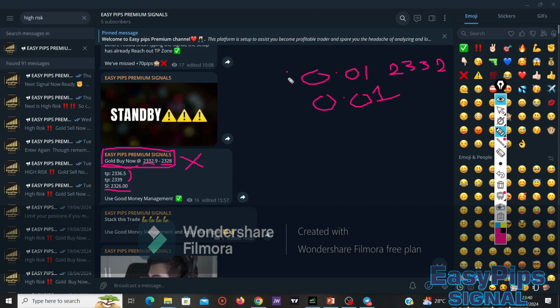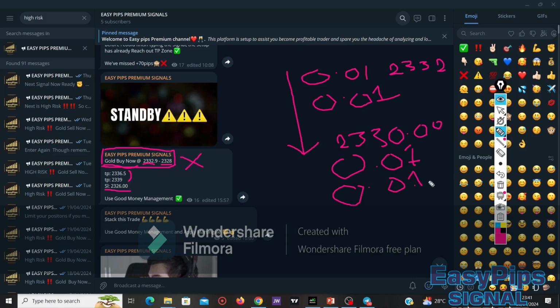Now as the market keeps pulling down, what then happens? When it gets to 2330, I may end up coming in with another position. You now layer another position. You come in here, enter 0.01, come here with that 0.01, and 0.02.